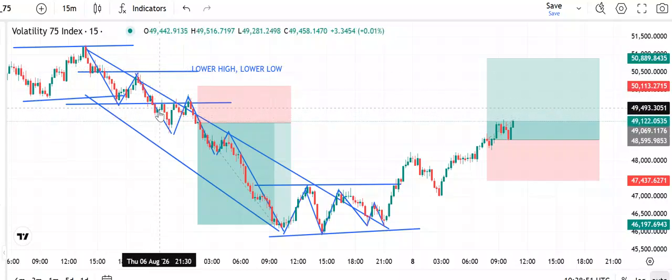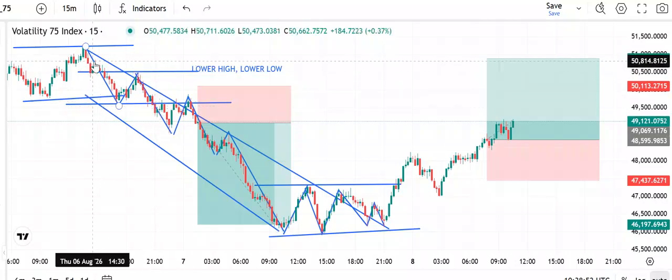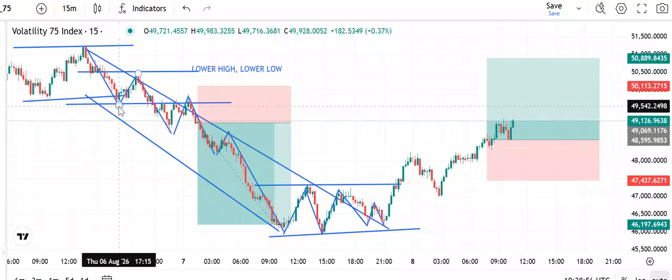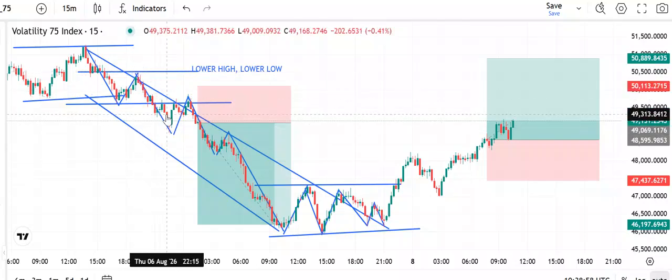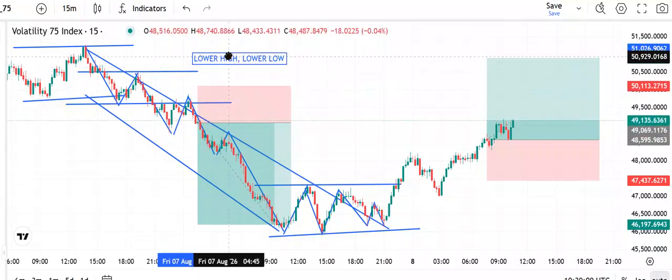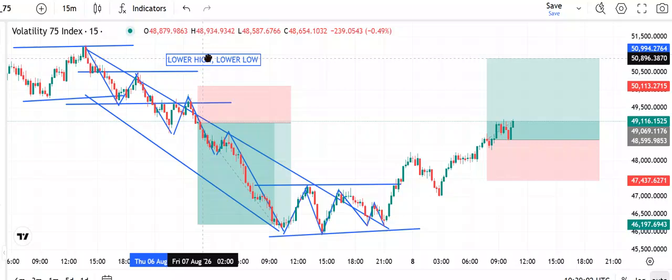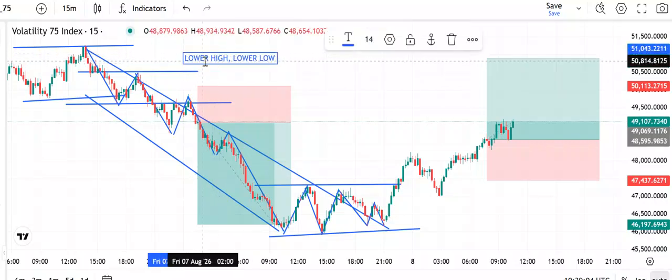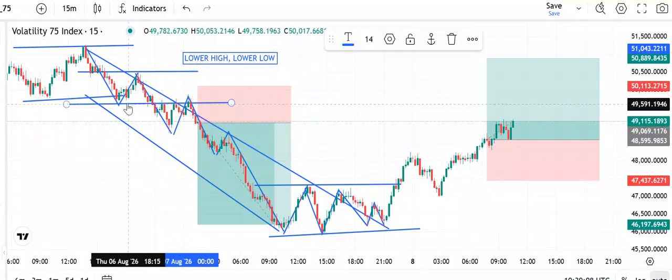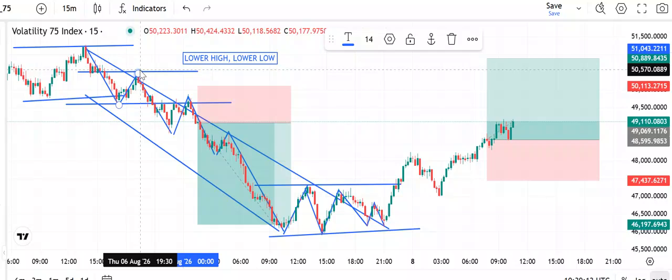So at this very break of structure, you see that, oh, market has started to give us lower high, lower low. If market starts to give us this lower high, lower low, then you can look to sell at any point. But you first of all mark your stop loss. Your stop loss will be the pullback, the distance of the pullback.